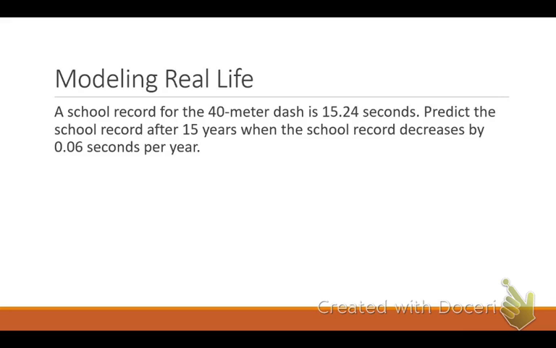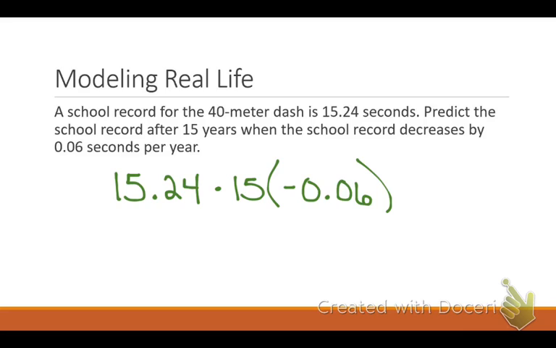So we have 15.24 minus 15 times, if it decreases, what's going to be the sign of the number? Negative 0.06. I want you guys to go ahead and try to evaluate this, okay?